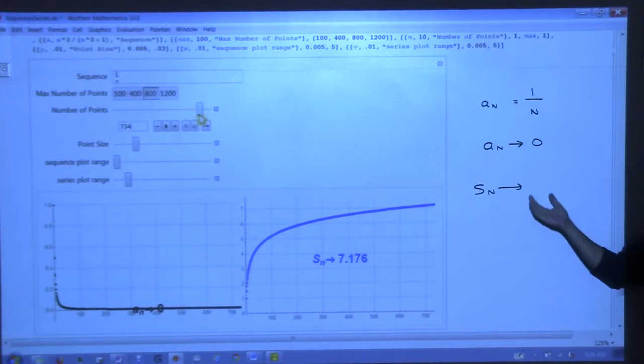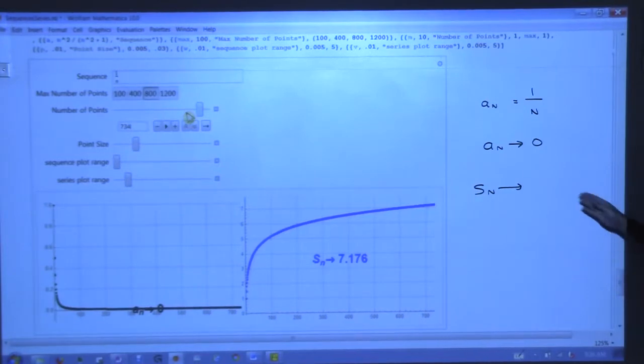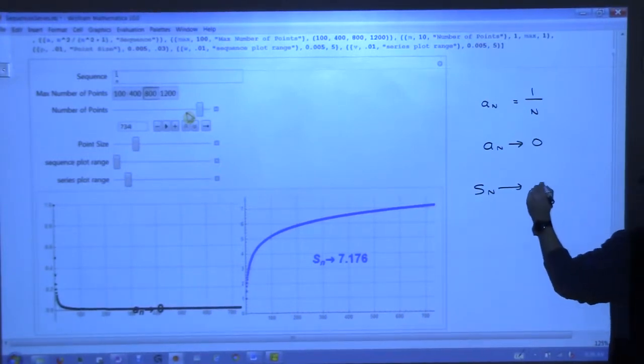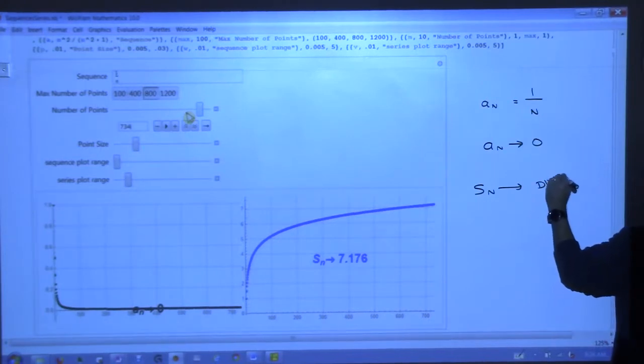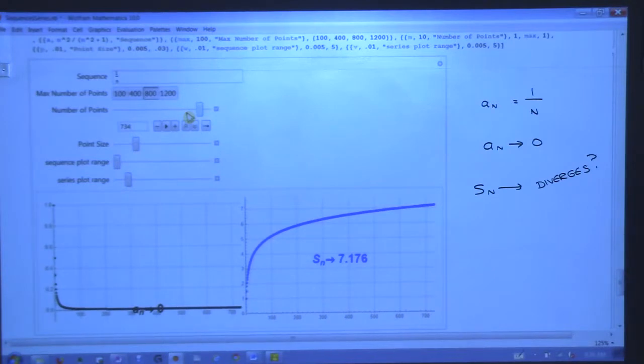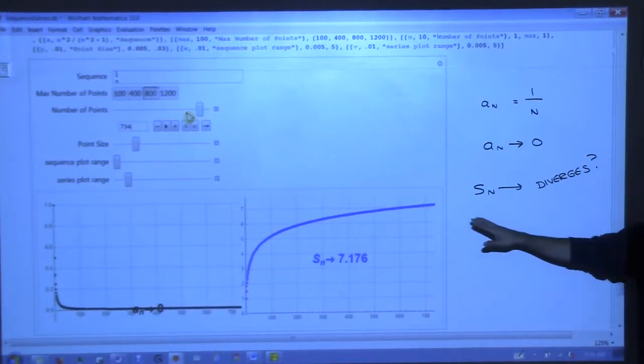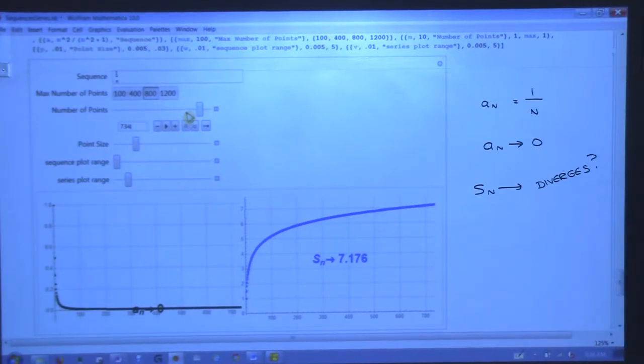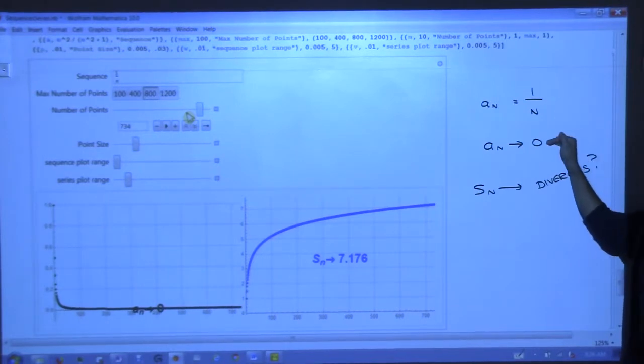And so in terms of convergence, we still don't know, but what do you think? Do you think it converges? Divergent? We think maybe diverges? I mean, we don't know. But it looks like it diverges. So both of our sequences converge to 0, right?